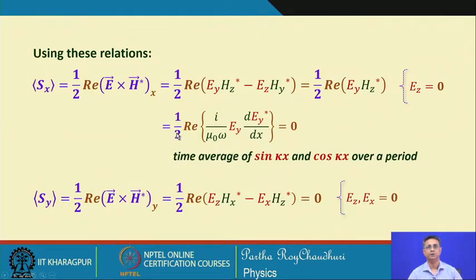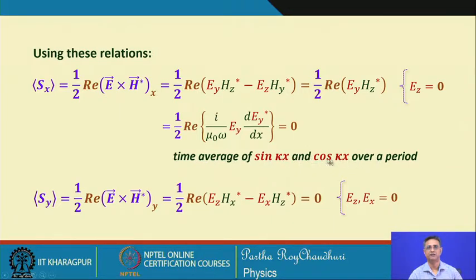So this equation is equal to 0, because if I substitute for U y for the symmetric TE mode, it is a cosine kappa x, and the derivative of this will give you sin kappa x. The product of this, time averaged, will become always 0.